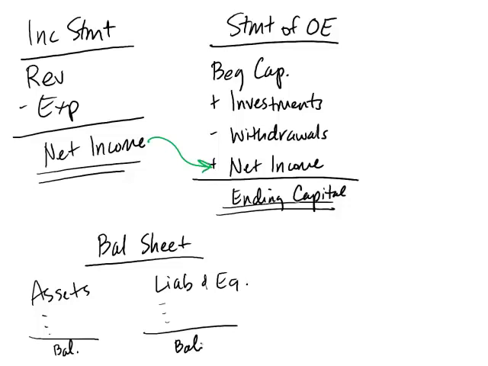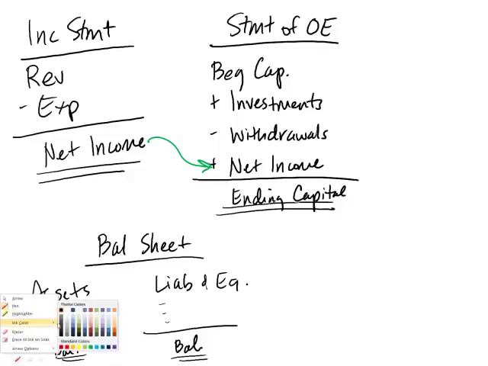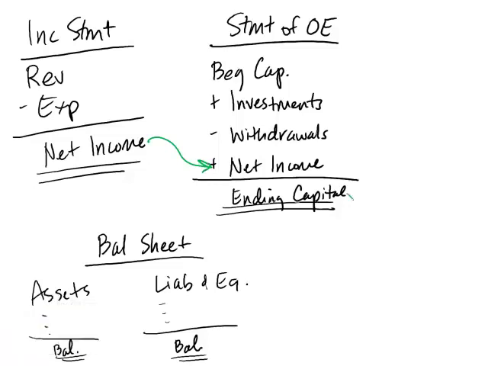So we should get $26,450 on each side. That's what we ended up with on our sheet. Where's OE? Owner's equity. The capital flows through down here because we're going to add it in with the liabilities. So again, you got to get the statement of owner's equity right because it flows through to the balance sheet.